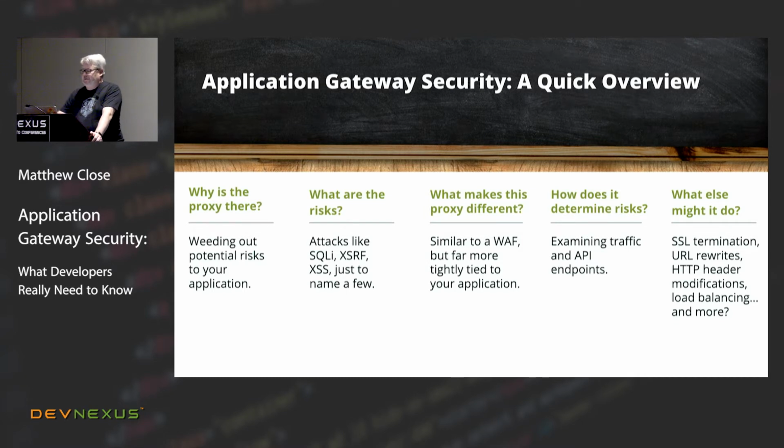You may think app gateway or reverse proxy or WAF or load balancer, or possibly all of them. There is sometimes not a whole lot of difference between a WAF and an application gateway. But I like using the name application gateway to indicate this is part of the network and it's much more tightly tied to your application.